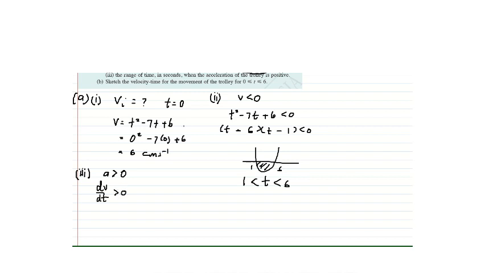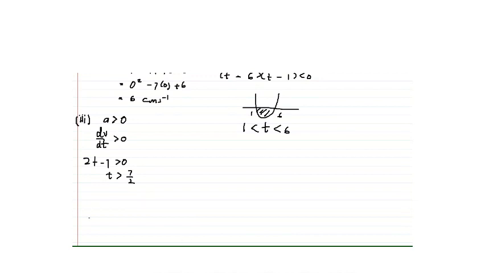We have to differentiate the function of velocity. 2t minus 7 more than 0. Here is t more than 7 over 2, or we can write as t more than 3.5 seconds. This is 7 over 2 seconds. This one is accepted. This one is also accepted.